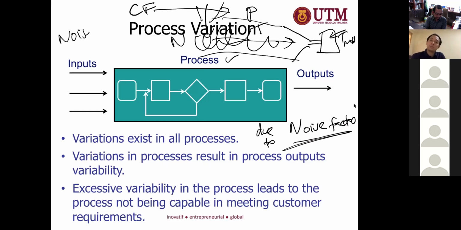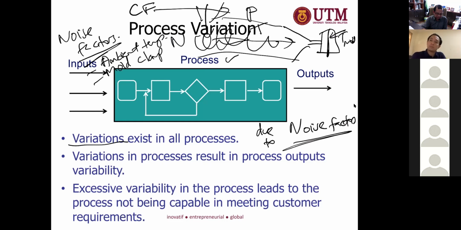Noise factors will result in variation. For example, maybe the environment, ambient temperature, may be a noise factor, or maybe the clamping, how long it clamps, or the mold opening speed, or whatever.